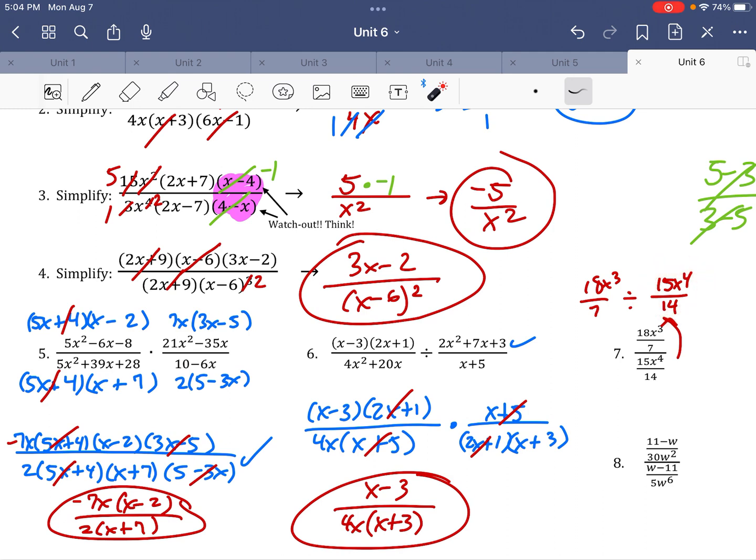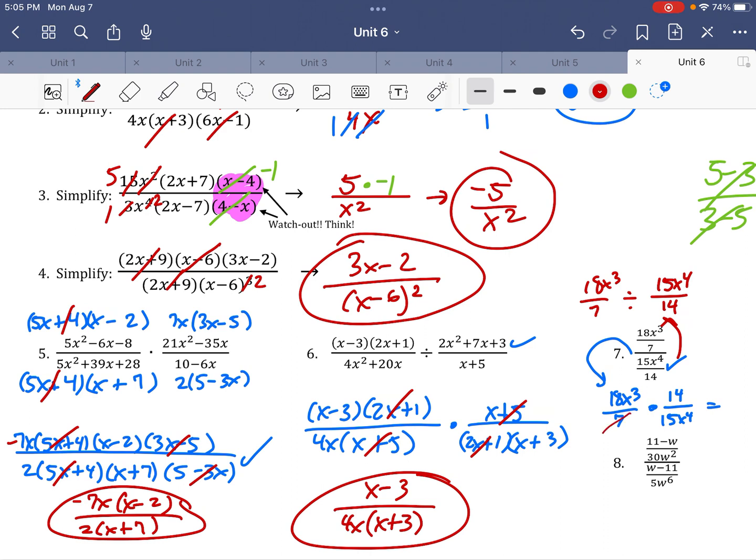I don't want to have to write this extra step. So you know that when you do this problem, the top stays the same. 18x to the third stays over 7, switches to multiplication, and it's the second fraction right here that flips over. So that 14 is going to be on top, right? 15x to the fourth. So you need to be able to switch it from this format to this format, and then go about your business.